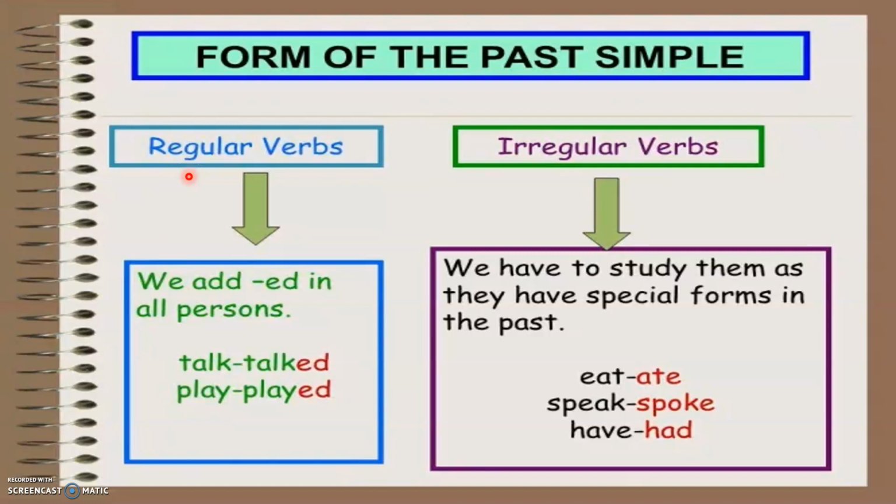Regular verbs in the past tense, they are the verbs that accept the ed, which means that if I want to change this verb into the past, I need to add ed, the regular form, the regular verb, the regular form of the simple past tense.